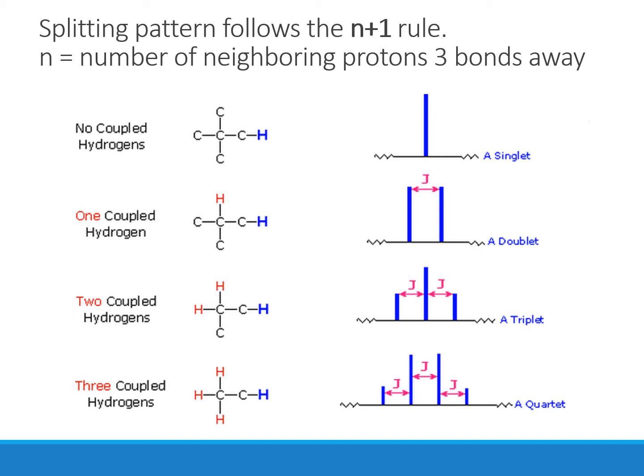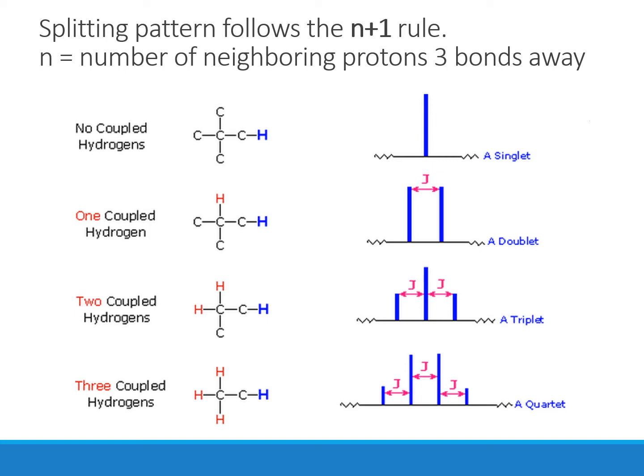Splitting pattern follows the n+1 rule for n number of neighboring protons which are 3 bonds away. In the first example, the proton is the only proton in the structure, so it is non-coupled and you will have only a singlet.